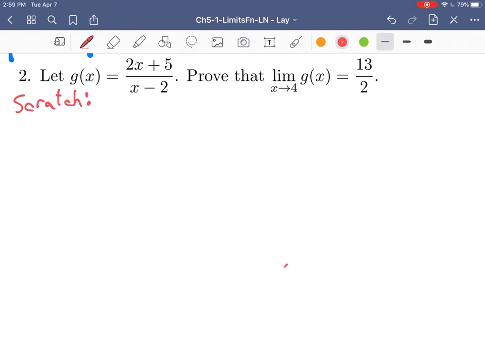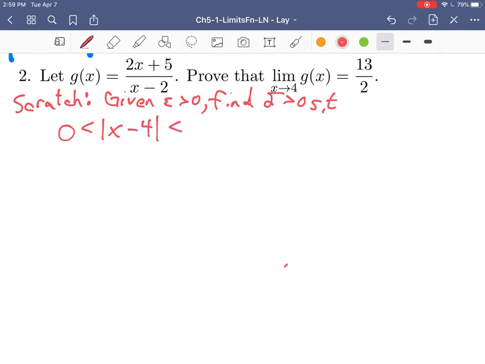So our scratch work is this. We want it to be so that if we are given an epsilon greater than 0, we are going to find a choice of delta greater than 0, so that when that value of x is within delta units of 4, right?